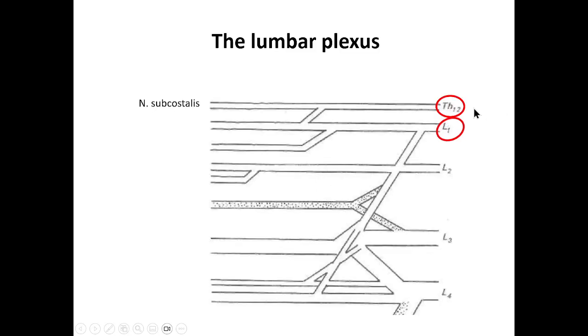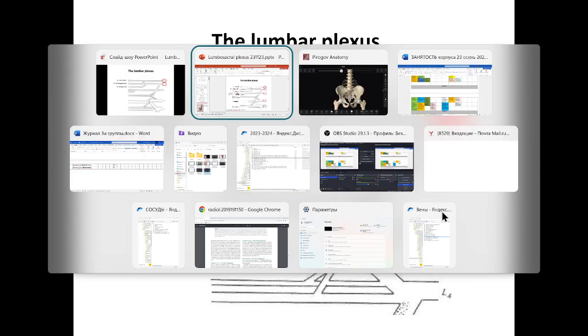This picture: T12, L1, L2, L3, L4 spinal nerves, and they form corresponding nerves: subcostal, iliohypogastric, ilioinguinal. Let's find them.